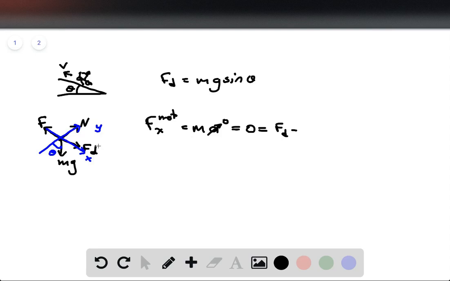We have this component of gravity, cosine of theta. It might be easier if you tilted the axes to see it, but we're talking about this component down here.